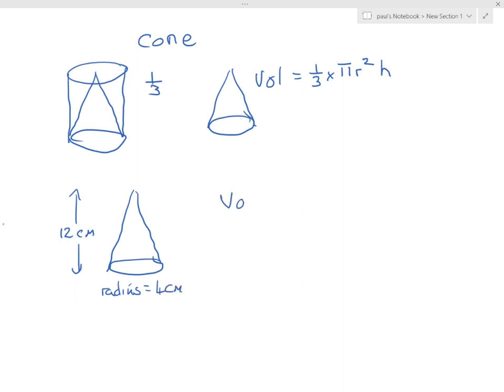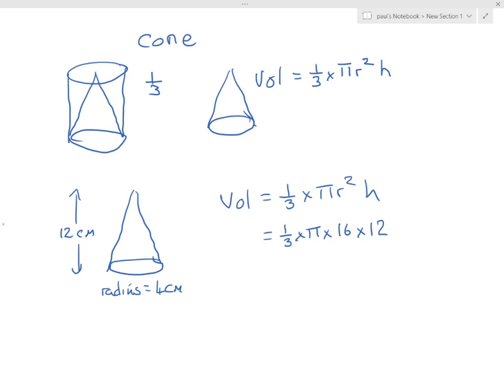So the volume is equal to 1/3 times pi r squared times height, so it's 1/3 times pi times 4 squared. 4 squared is 16, times 12.